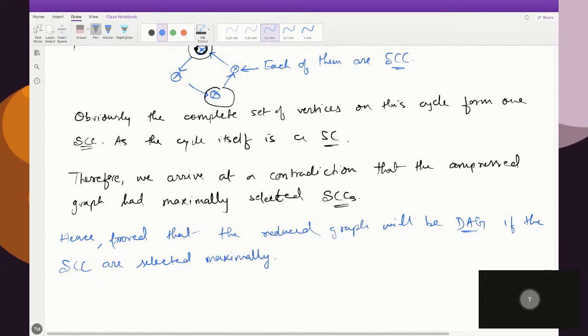Is there any doubt? If there is any cycle in a graph, it is going to be an SCC. So it is contradictory. It's true.